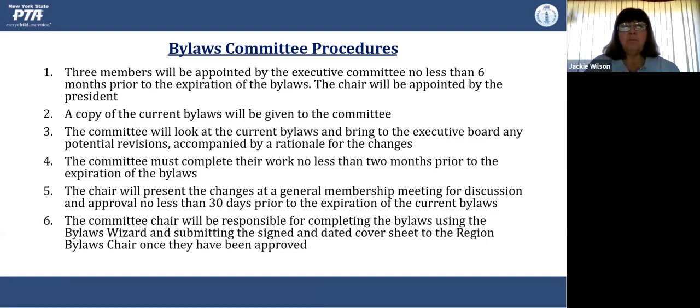And now you are scrambling to get this done. So spelling it out in procedures is extremely important, and it allows for people to understand what needs to be done, to do things in a timely fashion, particularly when it comes to a bylaws committee, and to be sure that they're following the rules, okay?